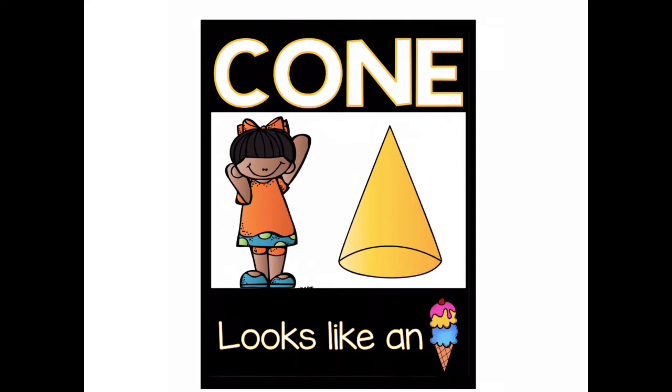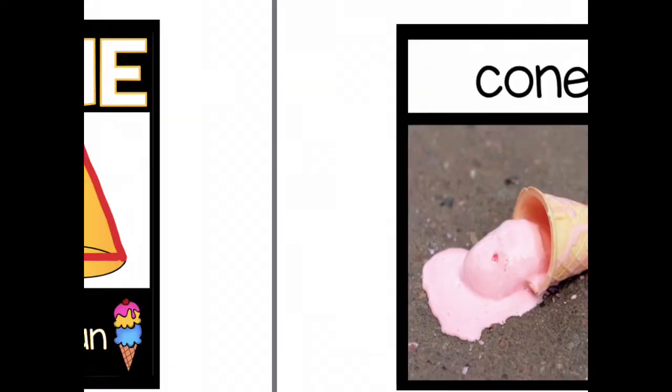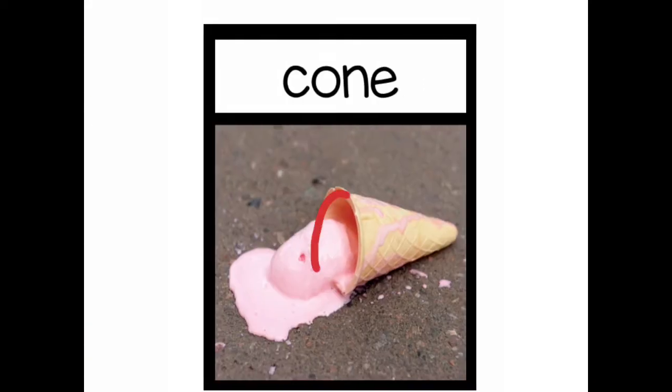This one's pretty easy because it looks just like an ice cream cone, right? We see this shape here, which is, you're right, a triangle. And then on the inside of the cone, you'll see this shape here, which is a circle, right? That could be at the top or the bottom of the cone.